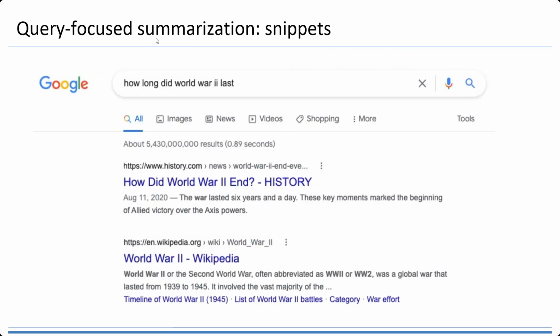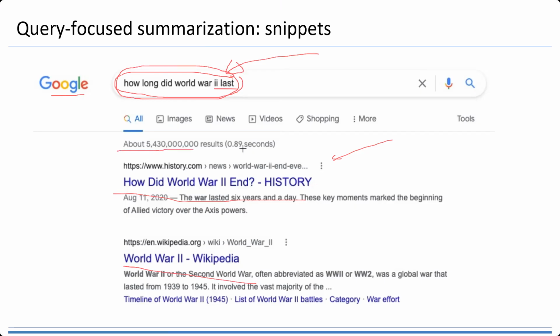Query-focused summarization is a kind of snippet. For snippets, you can look at Google. Whenever you write something, for example, how long did World War II last? This is a query, a question that you put on Google, and then Google will give you some portion of the summary.